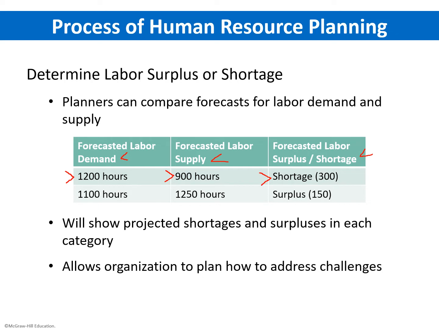All right, in the second example, we have a forecasted demand of 1,100 hours and a forecasted supply of 1,250 hours. In this case, we have a forecasted surplus of 150 hours. Okay, so essentially what we're able to do here is identify these forecasted shortages and forecasted surpluses so that we can plan for how we're going to address them.